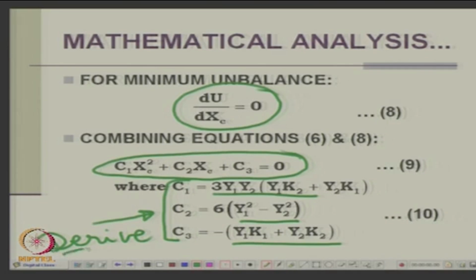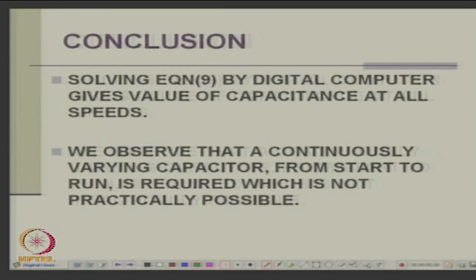Then, solving this equation, you can get the capacitance at all speeds that gives you minimum unbalance.